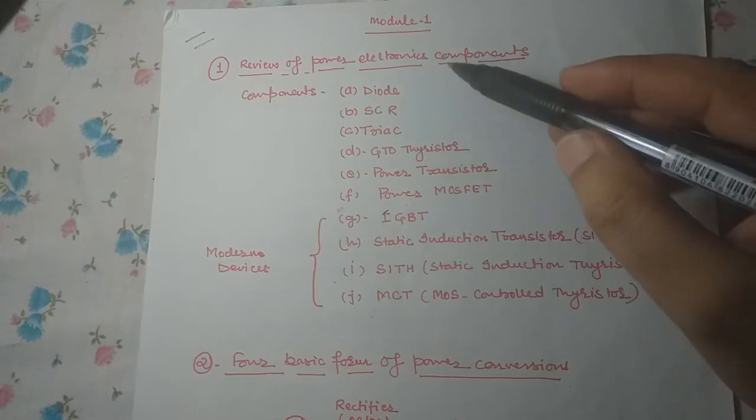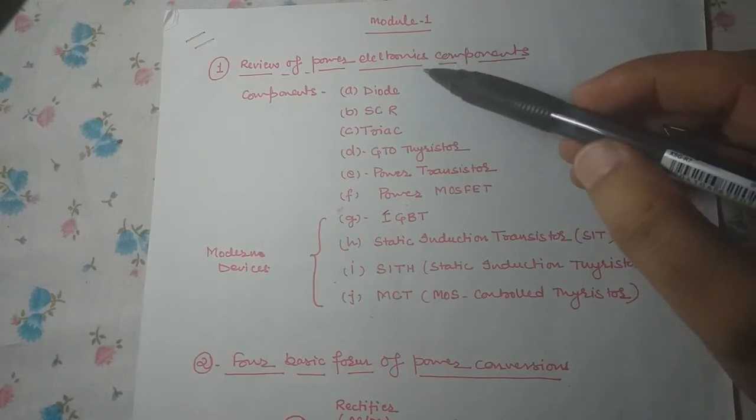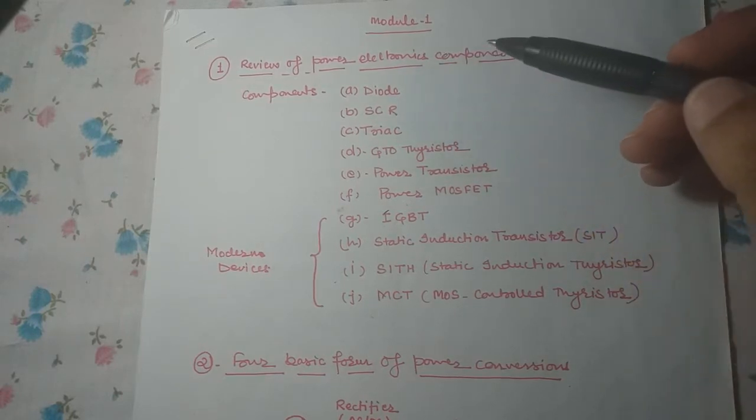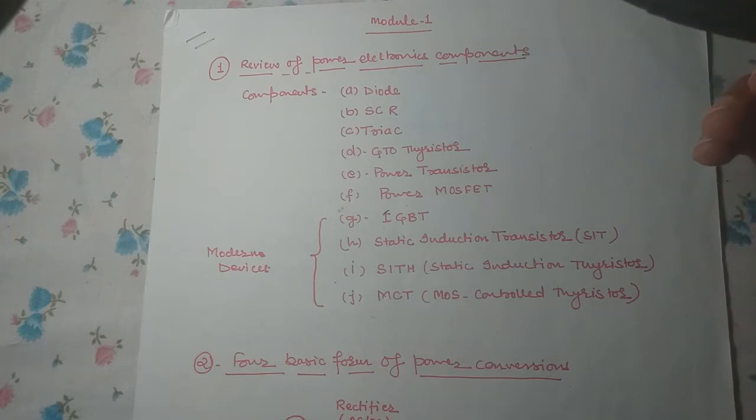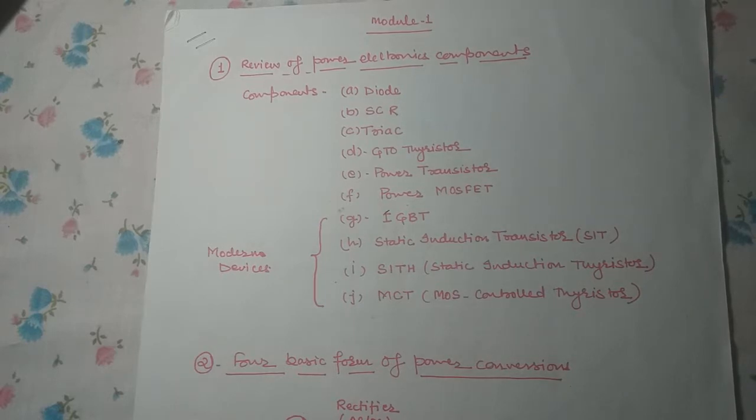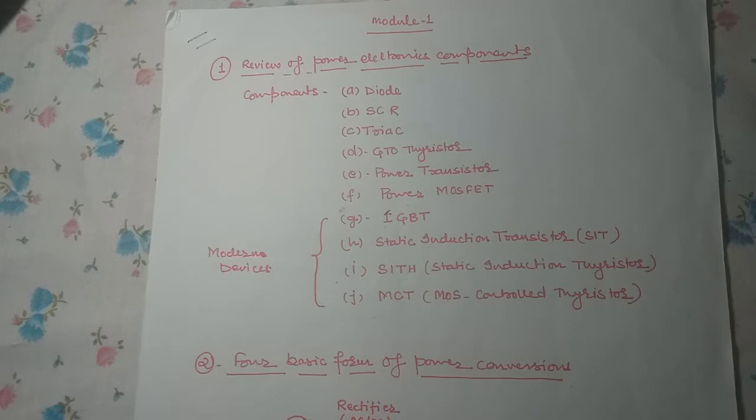To start with, the basic components of power electronic devices are diode, SCR, TRIAC, GTO, power transistors, and power MOSFETs. These are the conventional components which have been in use for a very long time, and now we are switching to modern devices.